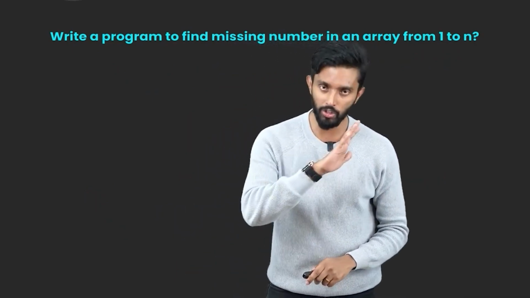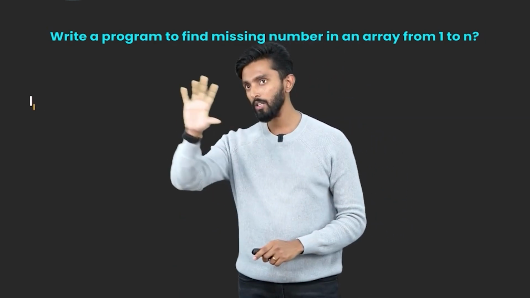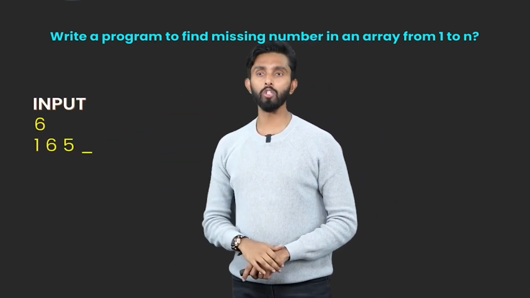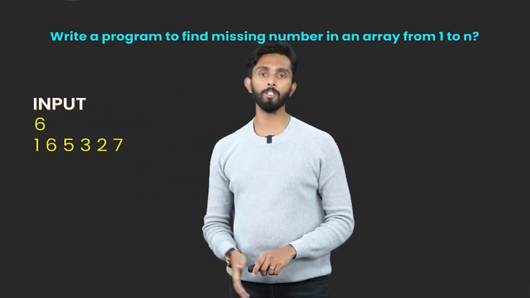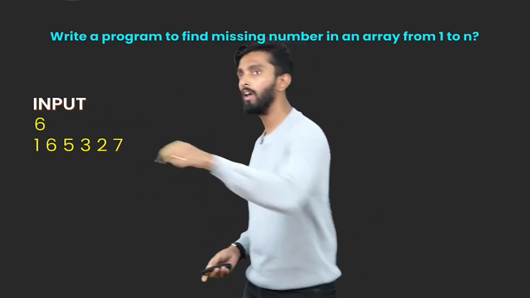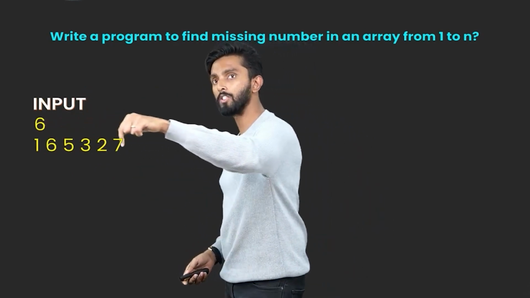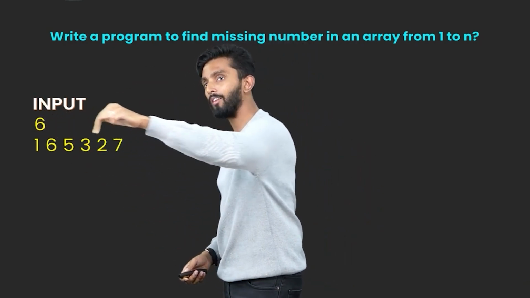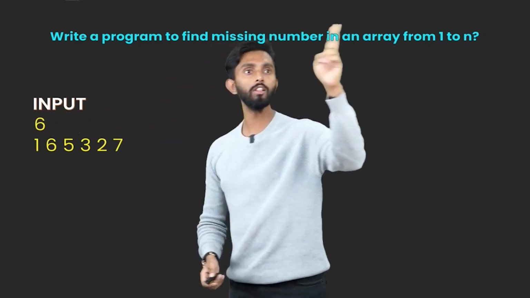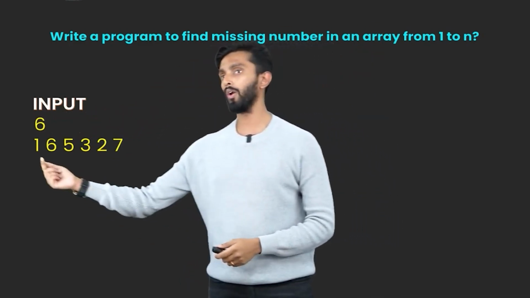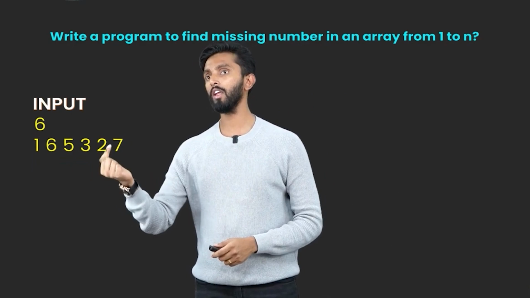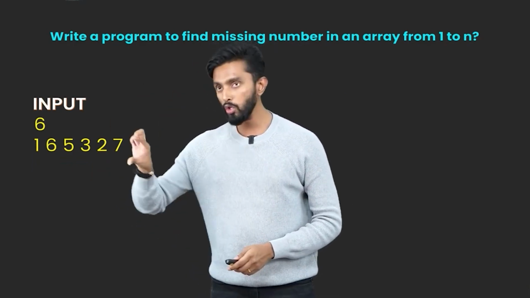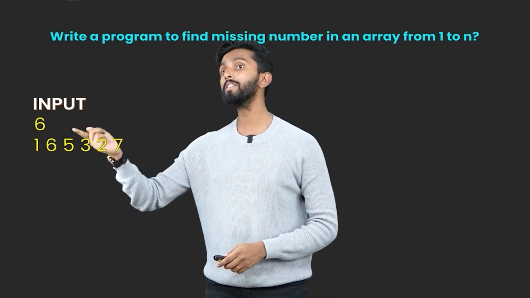Okay? Watch. Now, what they're saying is, if they give you an input, for example 6, what does 6 mean? They will give you 6 numbers, it seems, like this. And if you give numbers in one straight line like this, sequentially, we call this an array. So they will give you an array of 1, 6, 5, 3, 2, 7. Now, your job is to find the missing number here.